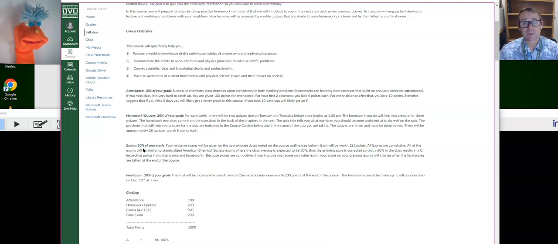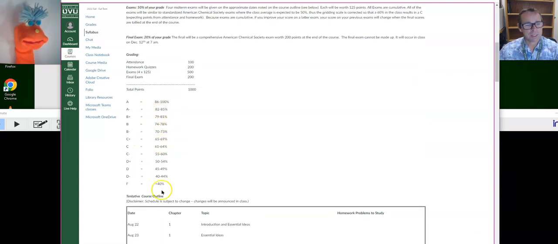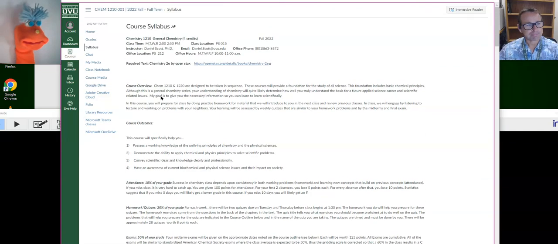These exams have an average score of 50% for university students around the world. So we would expect the average score to be 50% on these exams, and for that reason, the grading scale is adjusted slightly.